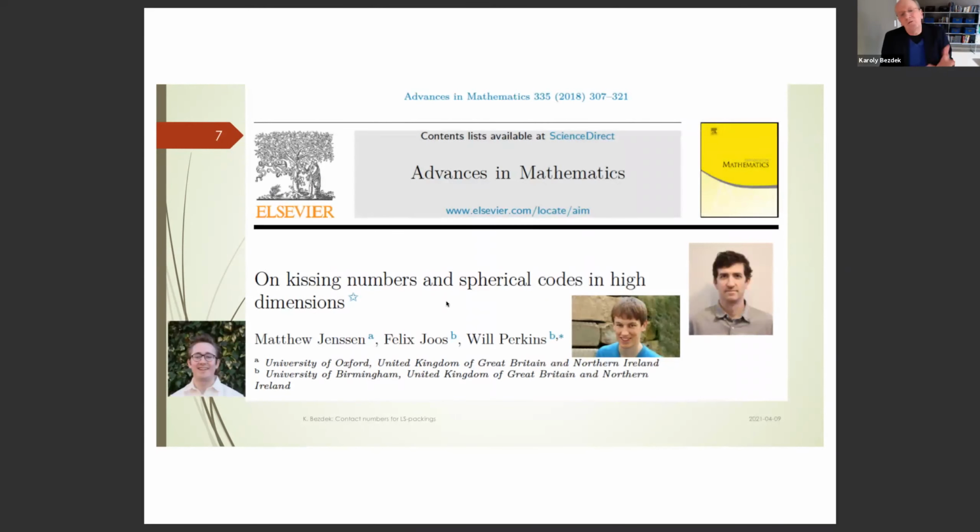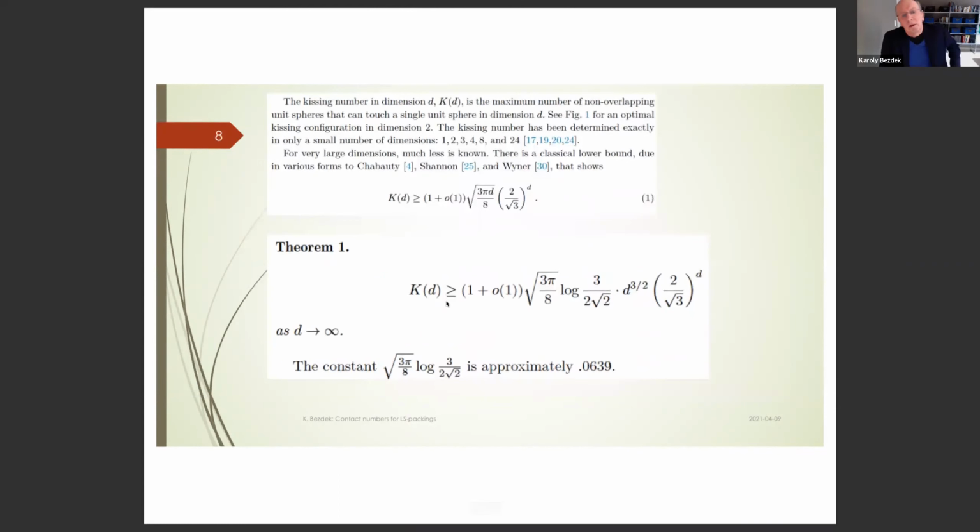If we really want to get a quick understanding of what's going on in very high dimensions, here's a recent publication which actually proved this beautiful result, an exponential lower bound for the kissing number. And here the dimension is not restricted; in fact, it goes to infinity.